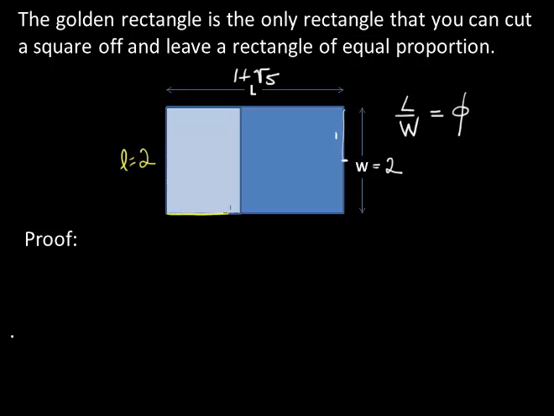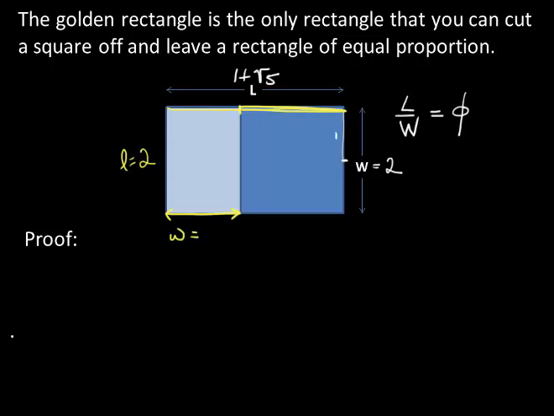So this is the only calculation I need to do. I need to find out what is the width of that little rectangle. Well, clearly it's going to be the length of the larger one minus that distance there, which is 2.